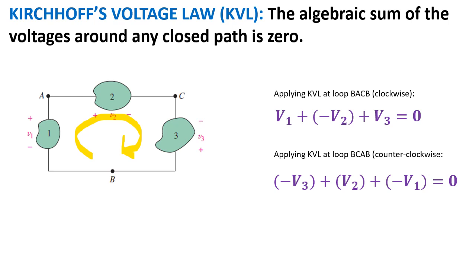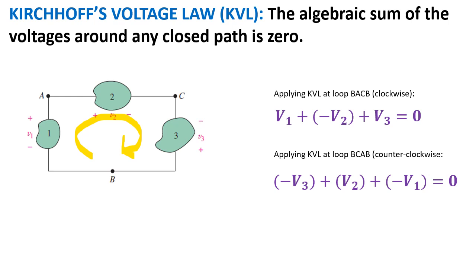Then finally, between nodes C and B, our loop enters minus and exits plus. So we get V3 as a positive voltage. Okay, so this is our equation. Because this is already a closed loop, everything here should be equal to 0.